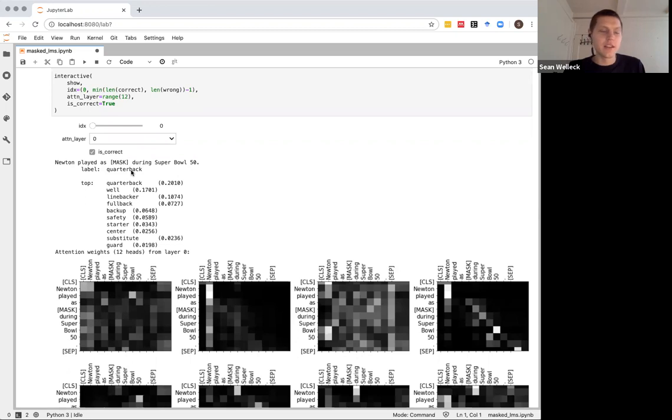In this case, it got quarterback correct. So just due to this masked language modeling process done on a large corpus of data, it was actually able to correctly predict quarterback for this Mask location.